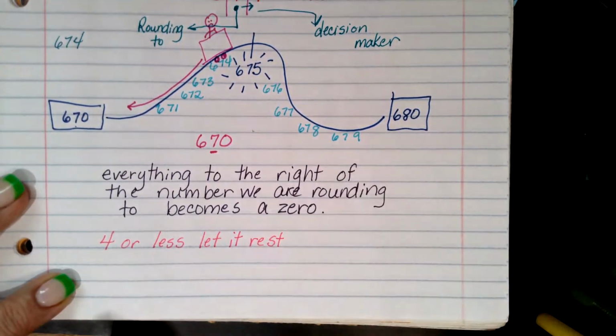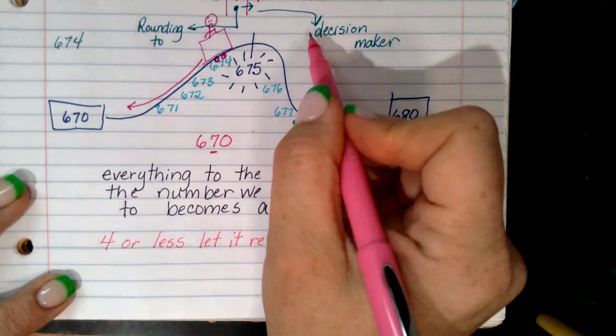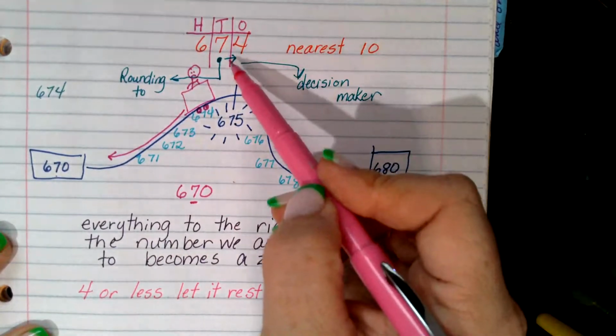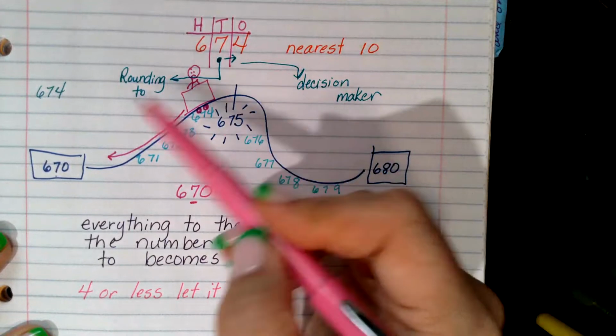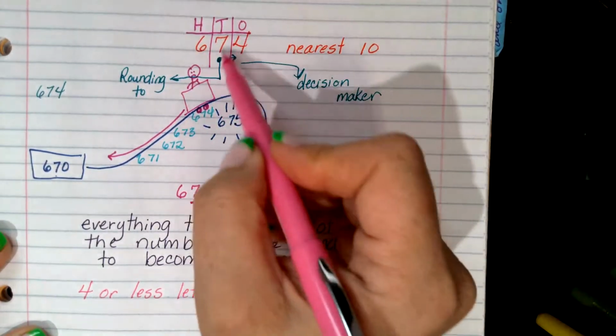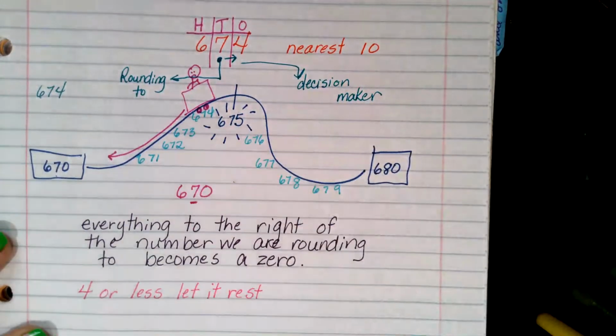That means if your decision maker that you're using is the number 4, 3, 2, 1, or 0, you're going to leave the place value that you're rounding to alone. It'll stay the same. You've let it rest.